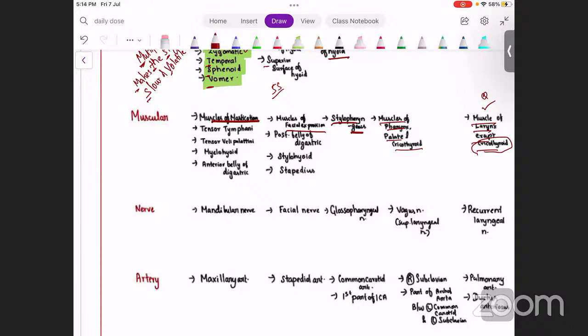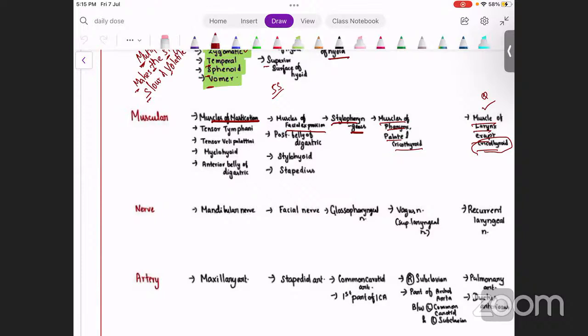Pharyngeal arch 6, except the cricothyroid muscle, which is derived from what pharyngeal arch, people? Cricothyroid is derived from pharyngeal arch 4. Okay, muscles of pharynx, palate, and the cricothyroid come from 4, while muscles of larynx except cricothyroid come from 6. You have to remember that.